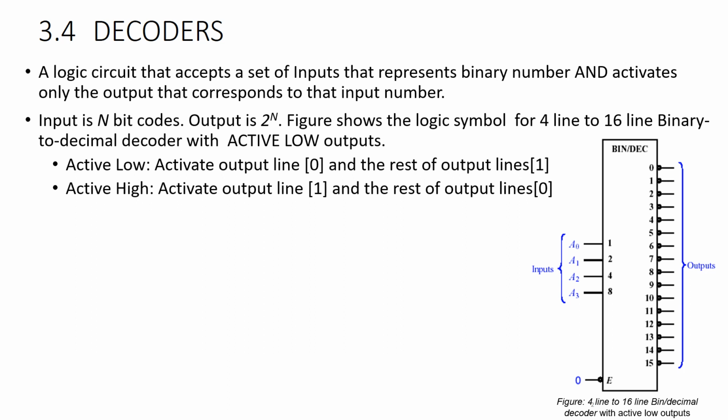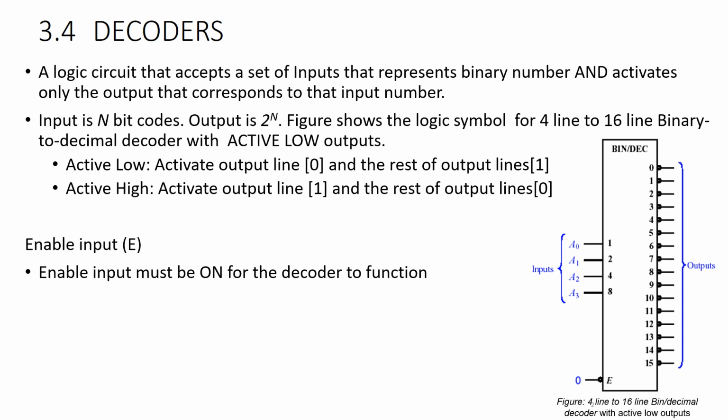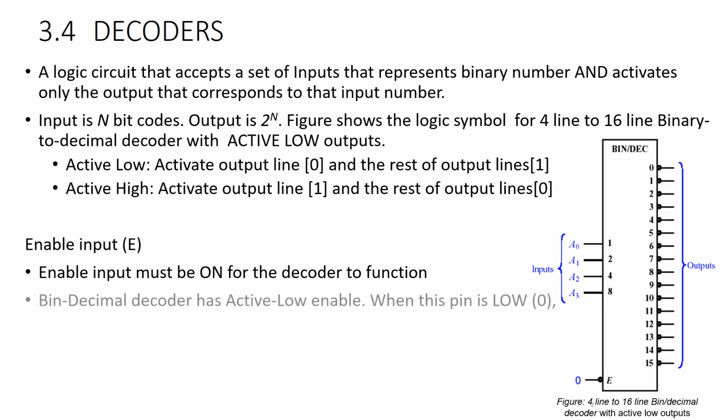Active low means activate the output line 0 and the rest of the output lines will be value of 1. If it is active high, the output line will be high and the rest of the output lines which are not activated are low.